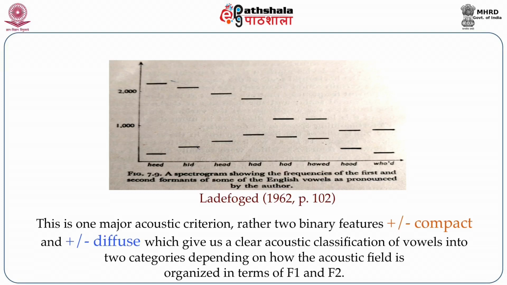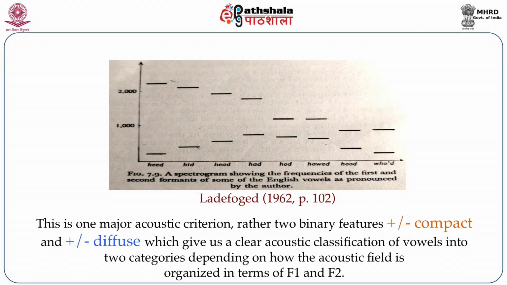But the front vowels, they are defined by another acoustic feature, which is plus minus diffuse. The opposite of compact, diffuse, because they are all placed with F1 in the lower position, F2 in a much higher position. So it is a huge frequency range that they cover. So i as the most diffuse vowel, we come to less diffuse and less diffuse as we move from i, e, a, the front vowels.